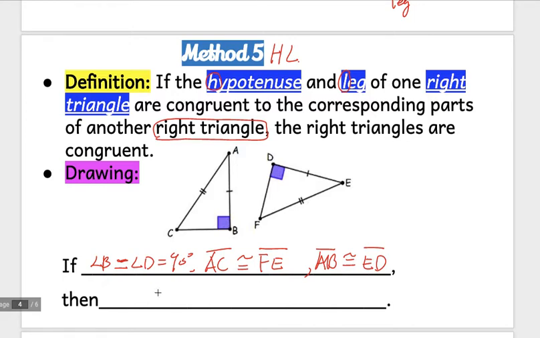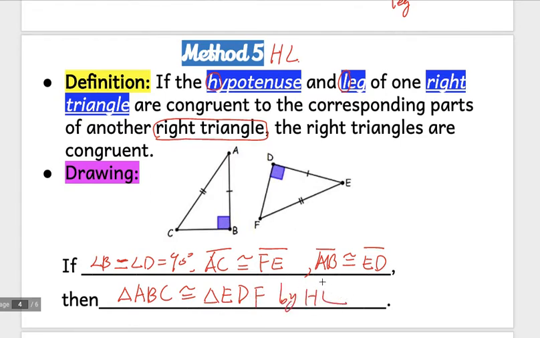Then these two triangles are congruent. So ABC is congruent to, again, please make sure it matches, A is matching to E, B is matching to D, then C is matching to F by HL.